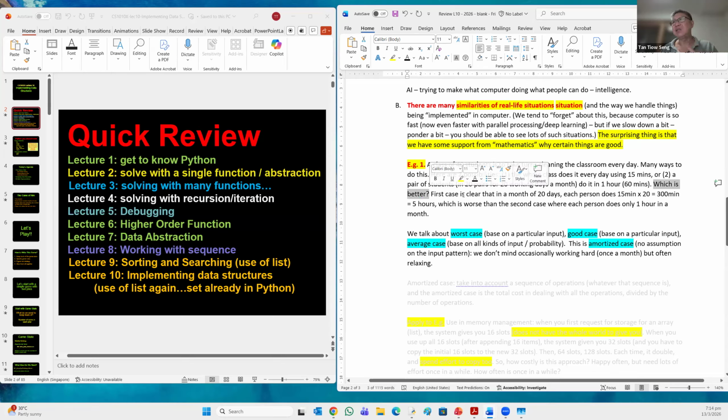In the first case, it is clear that for 20 days in a month, everybody does it, so everybody needs to spend 300 minutes. I hope I didn't make any mistakes. That equals 5 hours. So basically each student is spending 5 hours a month to clean up the classroom. On the other hand, in the second case, each one is only spending 1 hour in a month.